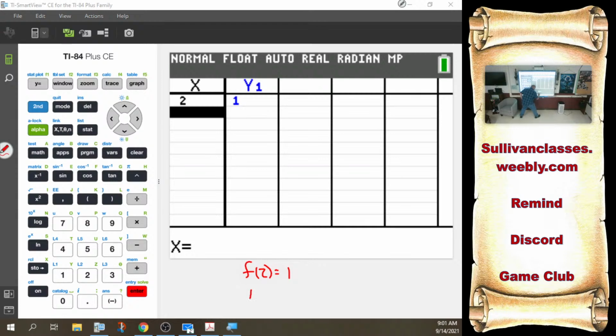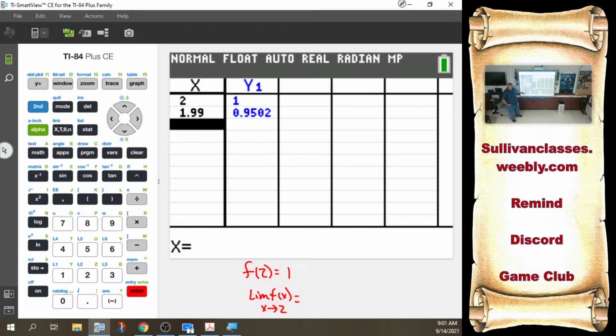I ask, does the limit of the function as I get really close to 2 exist? What do I put in? 1.99. 0.99.